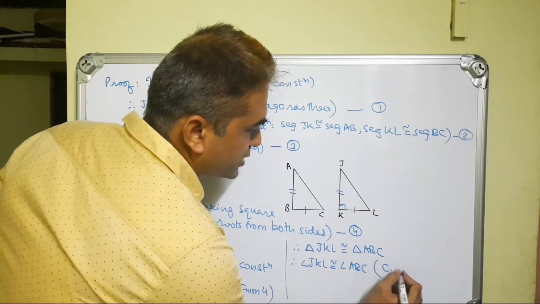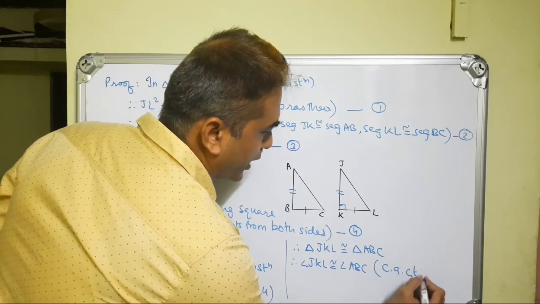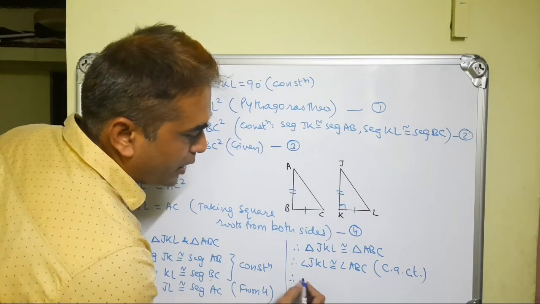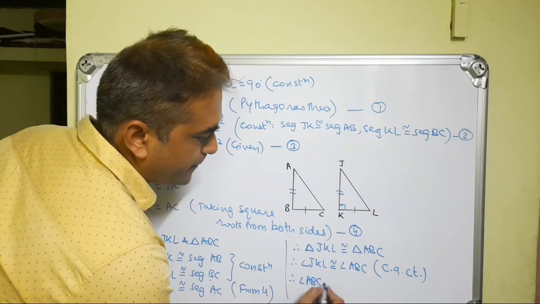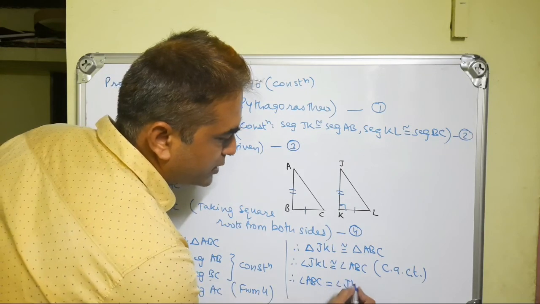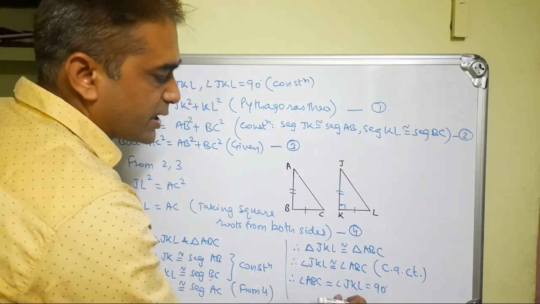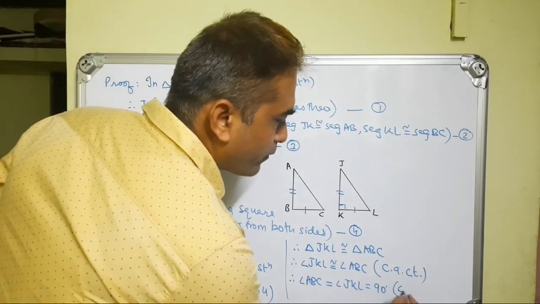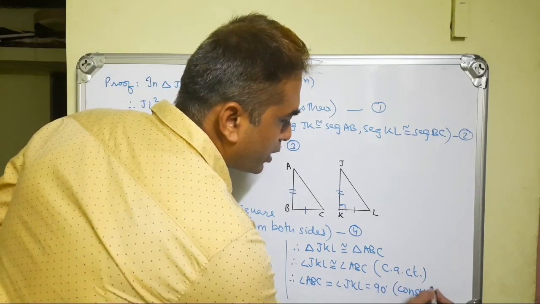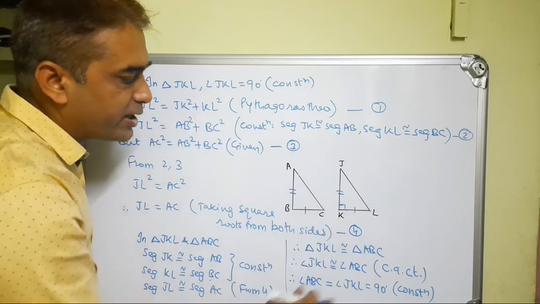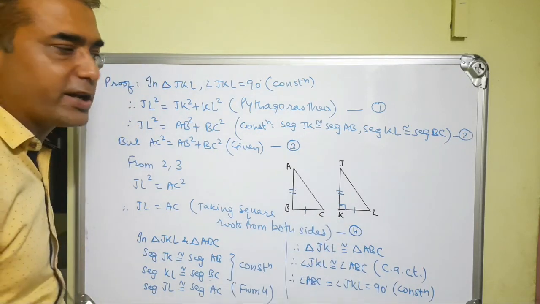The reason is CACT, corresponding angles of congruent triangles. Therefore angle ABC equals angle JKL equals 90 degrees, because we have done the construction that angle JKL is 90 degrees. Therefore angle ABC is also 90 degrees.